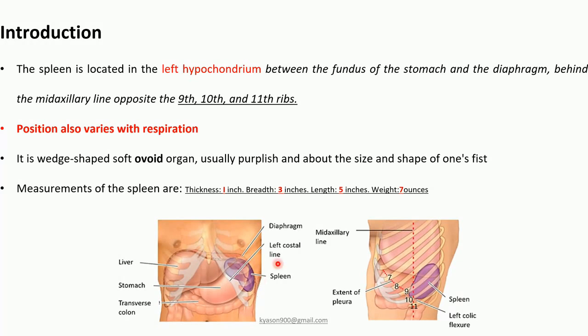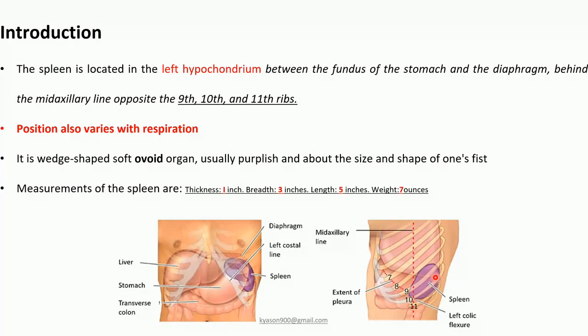So it's lying between the fundus of the stomach and the diaphragm posteriorly, and it's going to be adjacent, in close proximity, to rib number 9, rib number 10, and rib number 11. Those three ribs are going to be running along its longitudinal axis. They are going to be close to our spleen.